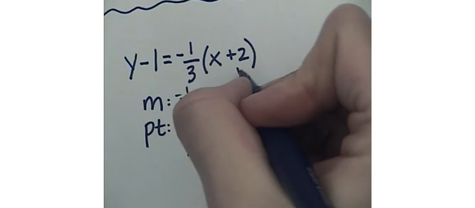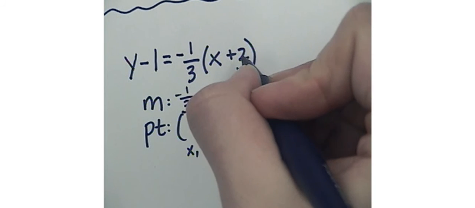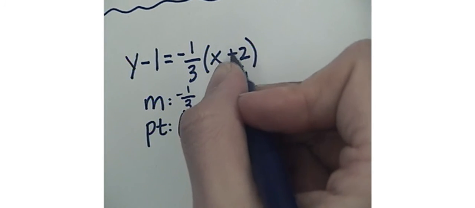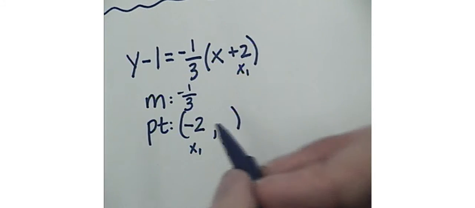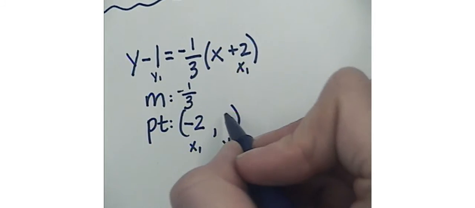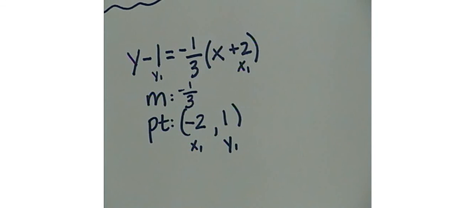My x1 is over here with the x, and it's the opposite sign because it's a negative 2 in order for this to turn into a plus. This is my y1 coordinate, and it has to be a 1. So my slope is negative 1/3. My point is negative 2, 1.